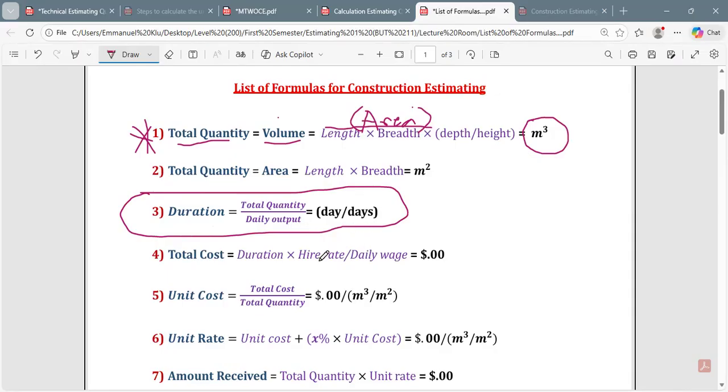So you are saying it can either be in day or days. Okay, because if your answer is 1 day, you can't say it's days. It has to be 1 day. But if it is two or more, you can add the s to it, days. All right.